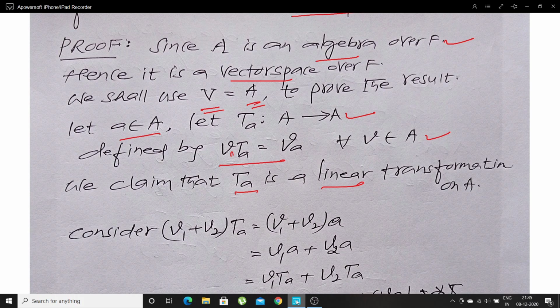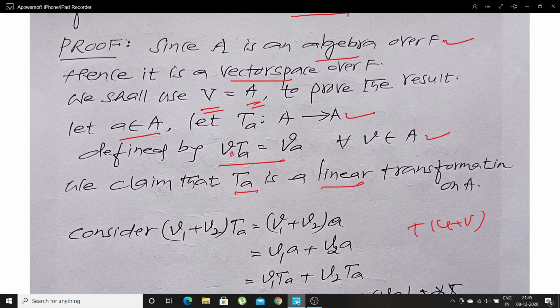Okay, let me take the vector addition property. Here, in UG we used to see T of u plus v, but here the presentation is different. Let me consider (v1 plus v2) of T_a, because the mapping is T_a.